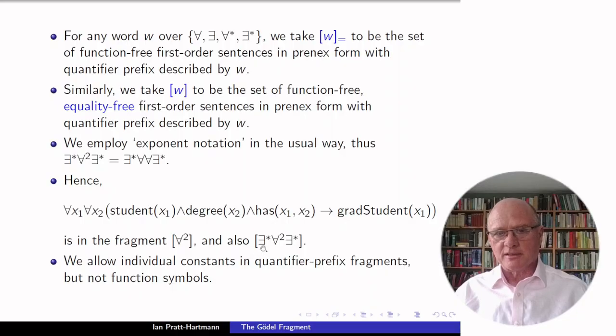And it's also in the fragment [∃*∀²∃*], because that is the set of prenex form formulas with any number of existential quantifiers, two universal quantifiers, and then any number of existential quantifiers, including the number 0, which is what we have in this case. So finally, we allow individual constants in quantifier prefix fragments, but no function symbols. And whether or not we allow equality depends on whether we have this equality subscript. That turns out to be important.